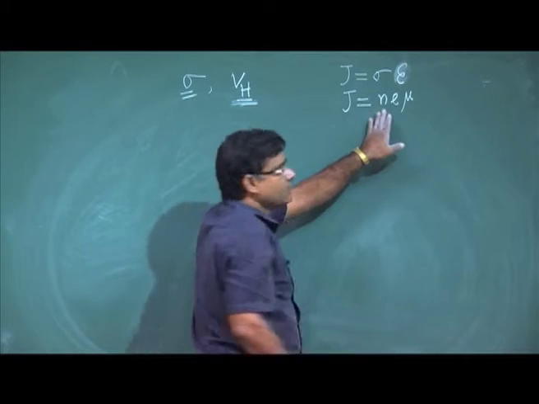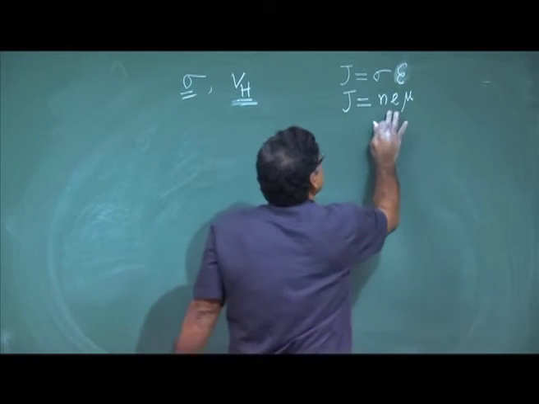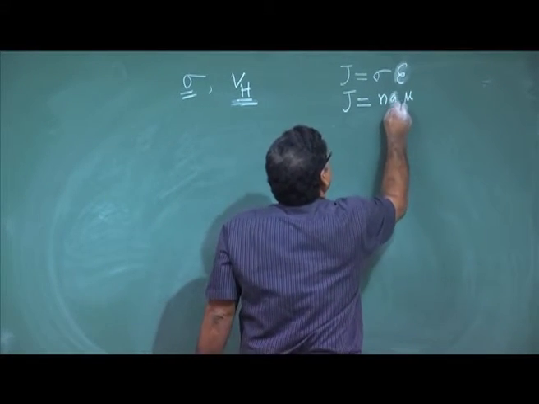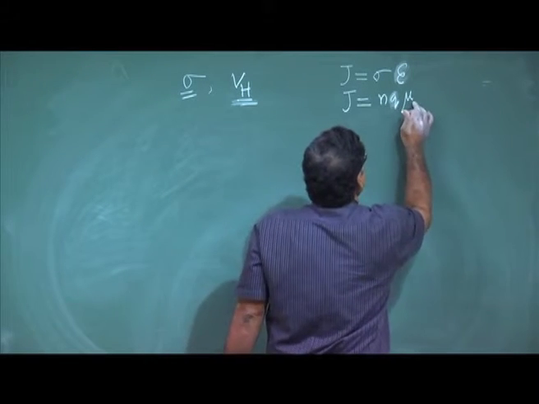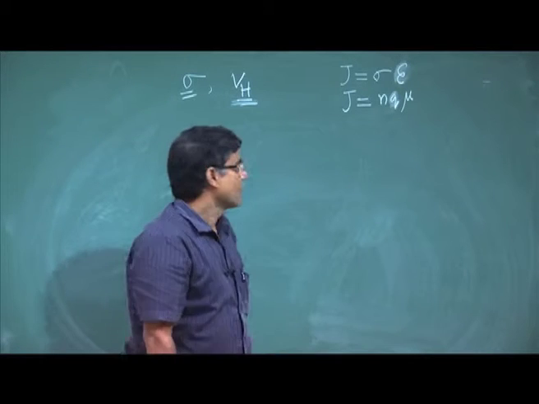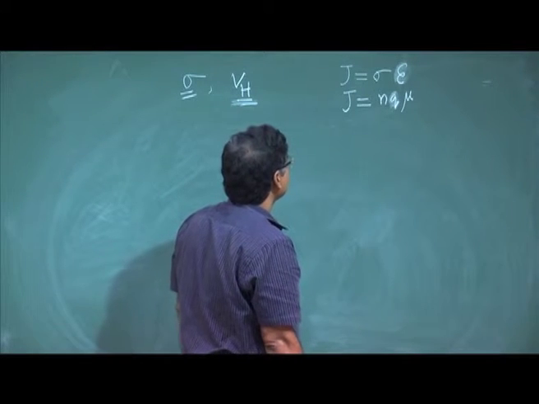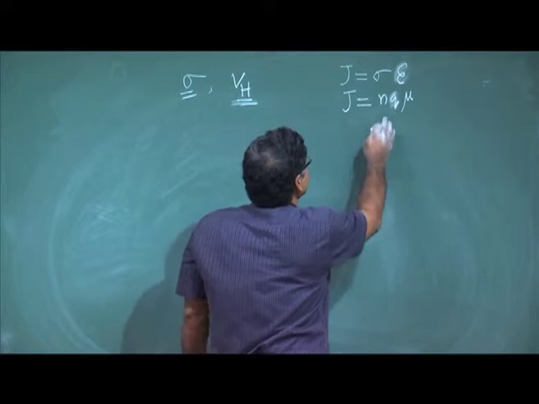I will not bother about the sign. Okay. So, let me write J equal to N Q mu, where mu is the mobility.